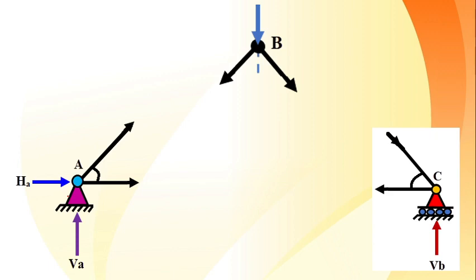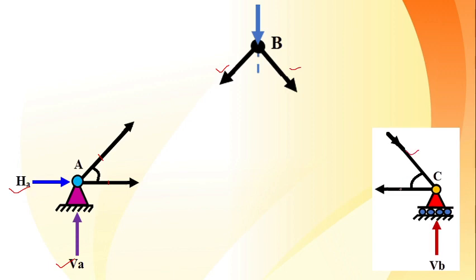And in a concurrent force system, how many conditions are available? There are two conditions available. Is it okay? Sigma Fx and sigma Fy. Means out of these three, count the number of unknowns. So here 1, 2. Already we have found HA and VA by considering the equilibrium of the whole frame. Here this force and this force. Is it okay?